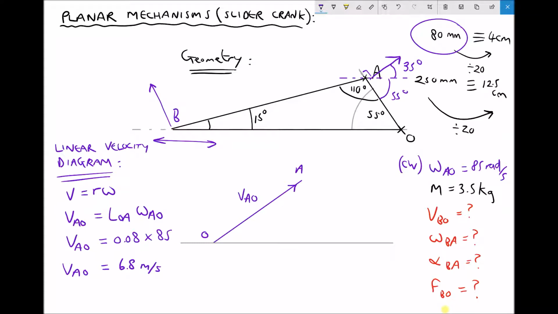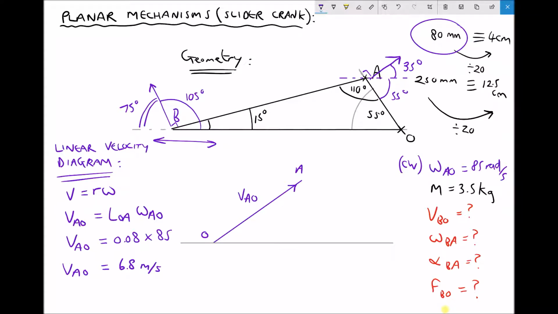So we have an angle of 15 degrees plus an angle of 90 degrees, meaning this angle here is 105 degrees. Now we can either use that angle or we can use this angle, which is going to be 75 degrees. It's 75 degrees because it's 180 minus the 105, or 180 minus 90 minus 15. So there's a number of different ways of arriving at the same value.